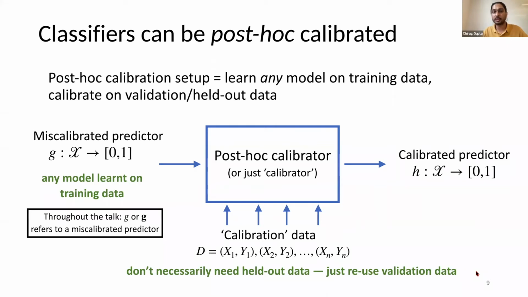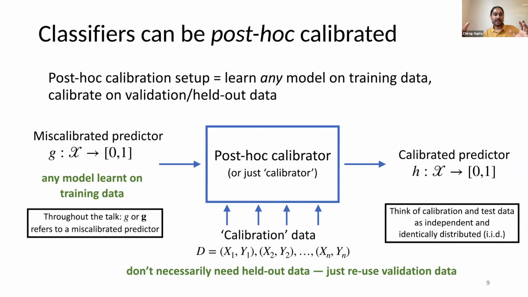So while I was practicing this talk yesterday, I had this question: is my calibration data and training data and test data IID, or what's happening? So I would say that as of now, I don't yet have any statistical assumptions at all. So it could be any kind of data, but if it helps, you can think of calibration and test data as IID, and that's what our theoretical results are going to be in, and that's what my experiments are also going to be in.